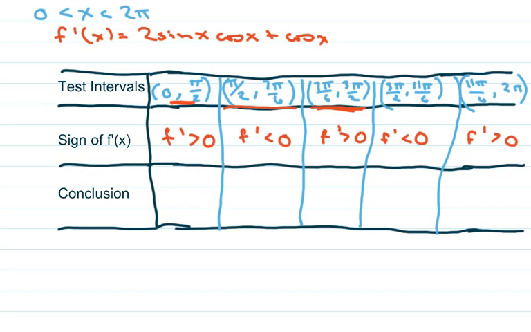So basically the derivative is positive, negative, positive, negative, positive. Increasing, decreasing, increasing, decreasing, increasing.